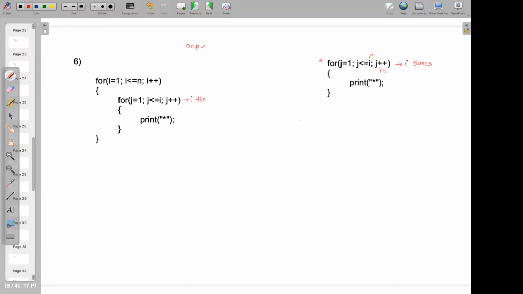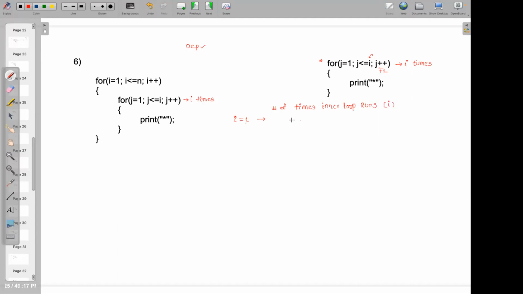Okay. But overall, how many times this needs to run, we should know. First time, I is equal to 1. Now I will be writing number of times inner loop runs, which is nothing but I times.